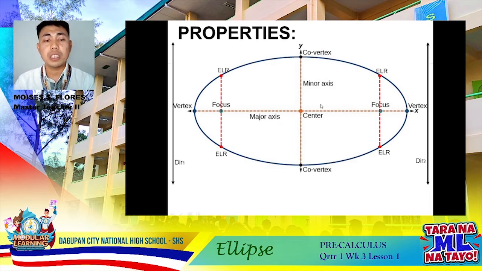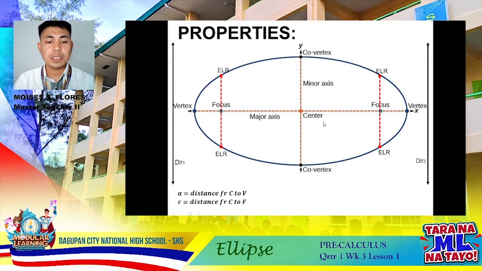The major axis is denoted by 2a, where a is the distance from the center to the vertex. It also contains the coordinates of the foci, denoted by F sub 1 and F sub 2.